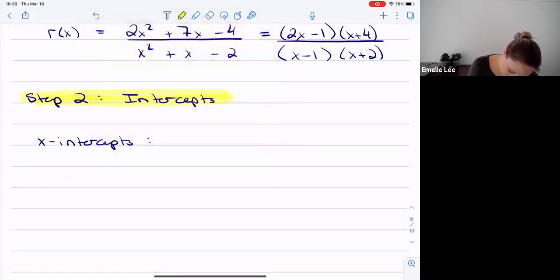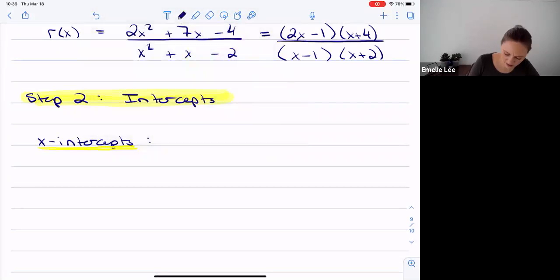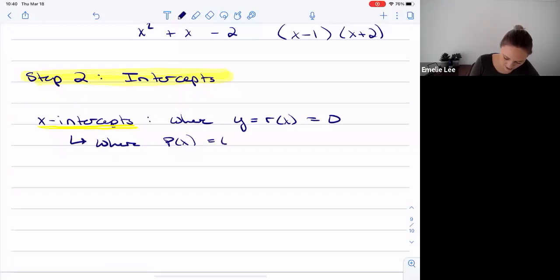The x-intercepts are where y equals r of x, in this case, equals 0, right? And so what we have to do is find where p of x, because this is what we just established, equals 0.